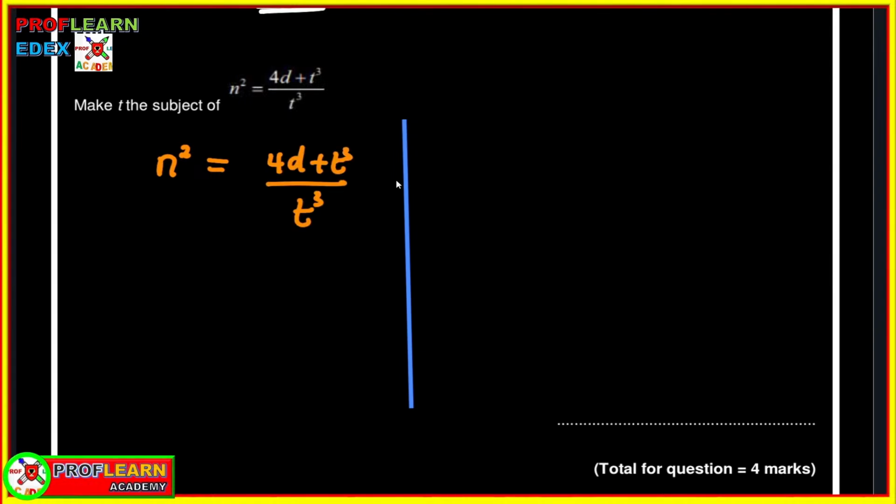So we are going to multiply by t cubed both sides so that we can be able to get rid of the fraction. And I'm going to have t cubed n squared equal to 4d plus t cubed. So meaning that we can be able to make this the subject by ensuring that those terms with t cubed are on the same side.